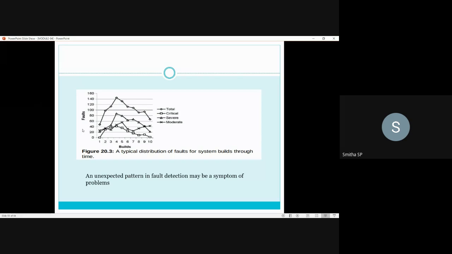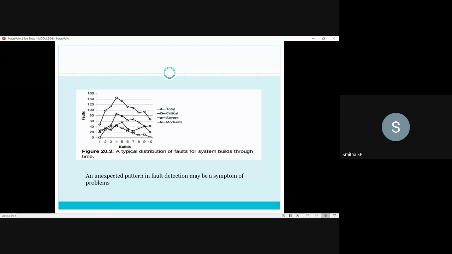For the corresponding builds, the faults that may be noticed or identified have been plotted here. These faults are aggregated by severity levels, whether moderate or critical, and based on that they have made this classification.